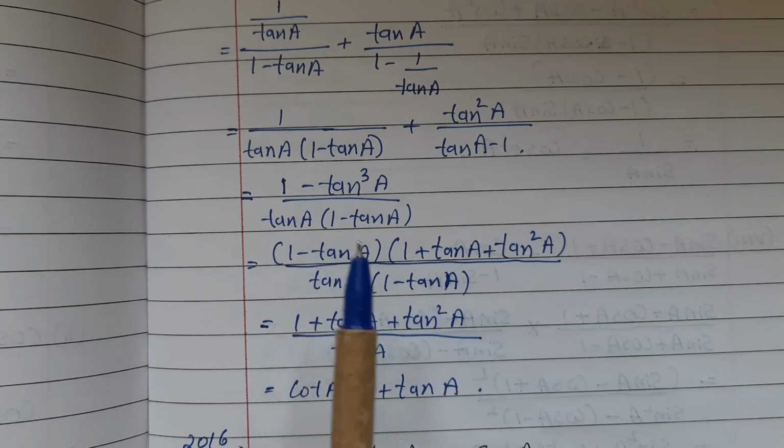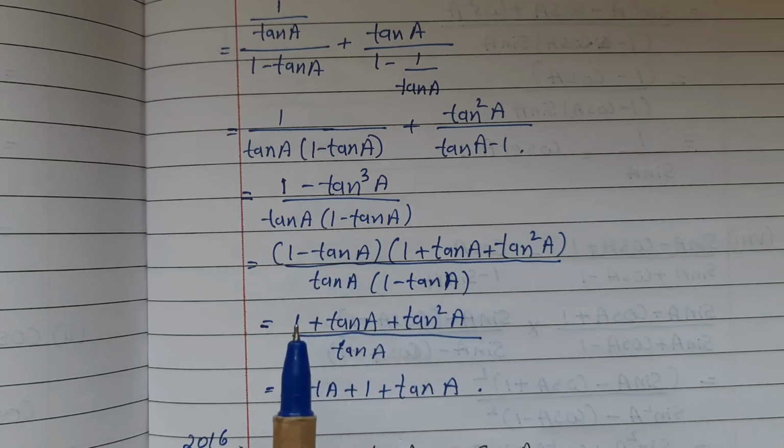Okay, 1 minus tan a cancel each other, we get 1 plus tan a plus tan square a upon tan a. Now 1 upon tan a is cot a, plus tan a upon tan a, 1, plus tan square a upon tan a is tan a. That equals cot a plus 1 plus tan a, equal to right hand side.